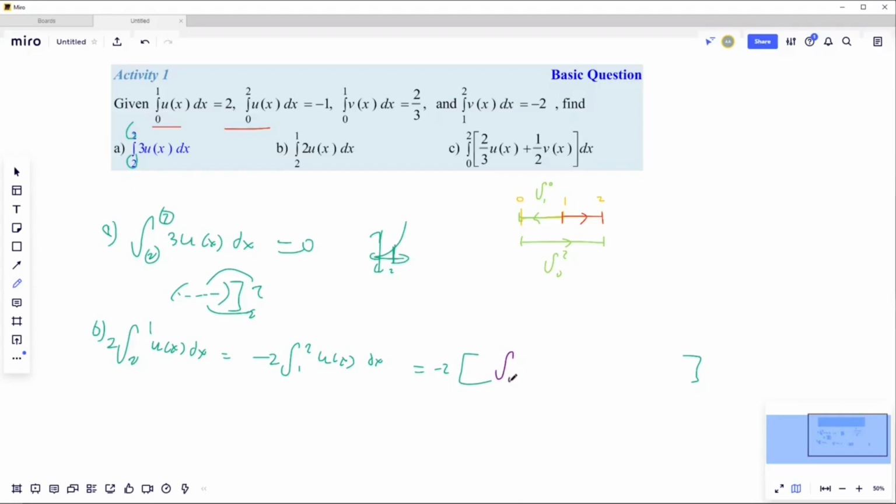Integral from 1 to 0 of u of x dx plus integral from 0 to 2 of u of x dx. Minus 2. By the way, I put the brackets earlier because I knew that I'm going to split it into a plus. And of course, if you want to distribute, you will do that, but keep in mind you have a plus, so minus in both, like minus here, minus there. So yeah, integral. Do we have 1 to 0? No, we have 0 to 1. So you flip.